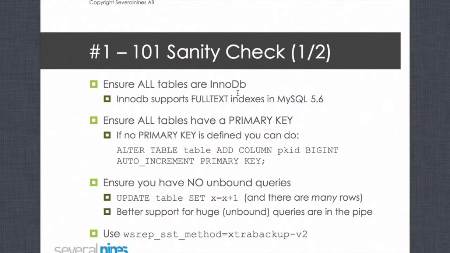Another thing that you should consider is that all tables should have a primary key. And if no primary key is defined, you can easily add one to your tables.